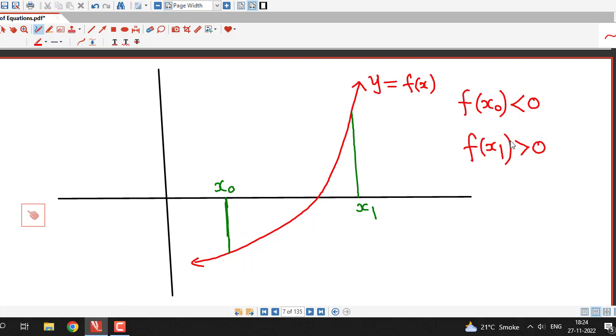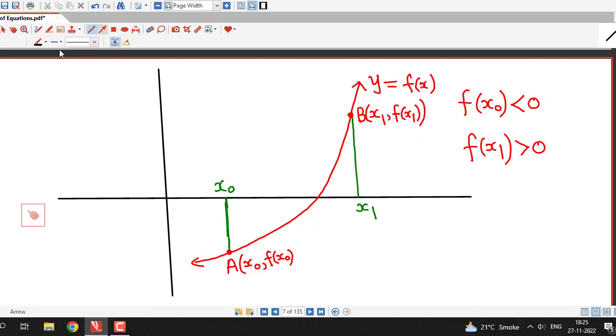Now in the bisection method we consider the first approximation as the midpoint of this interval, but here in the method of false position we will consider the line joining these 2 points. This point, suppose denoted by capital A, has components x0 comma f(x0), and this point denoted by capital B has x component x1 and y component f(x1).